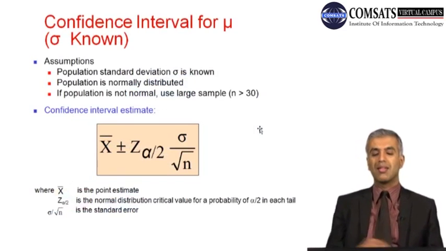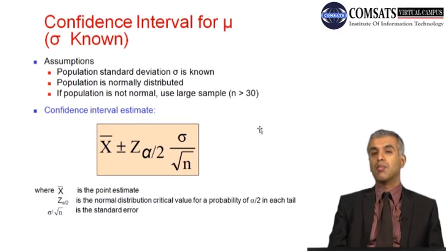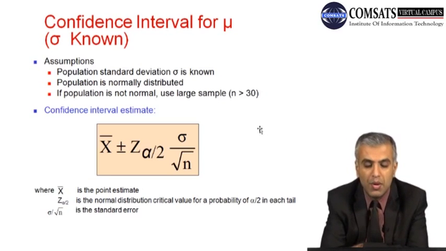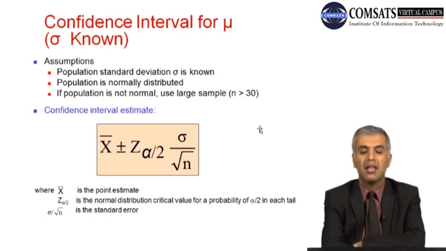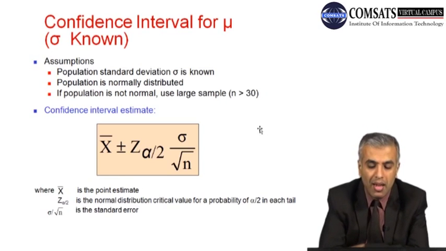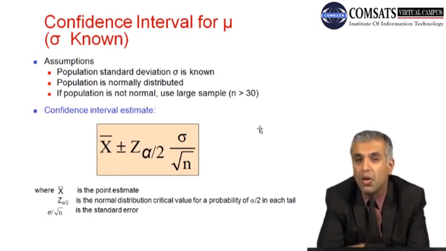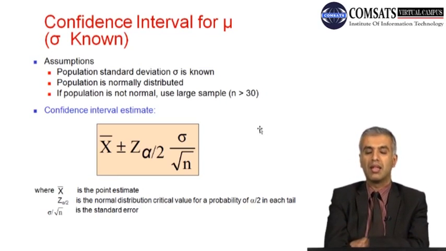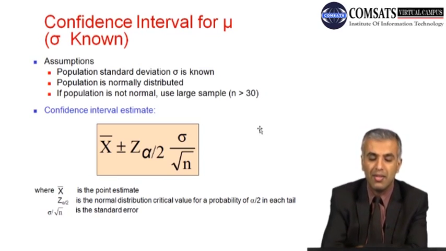Coming to the assumptions, what are the important assumptions for the confidence interval for the population mu, specifically when the standard deviation is known? One is that the population standard deviation should be known. Another important aspect is that the population should be normally distributed, and if it's not, then we have to treat it, and one possible option is to use a large sample with n greater than 30.